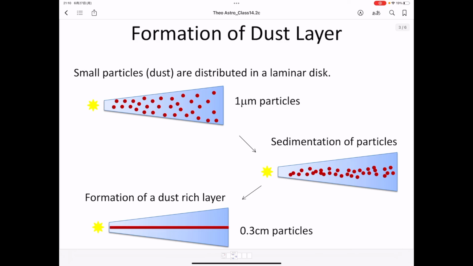Then finally, when it reaches the midplane, we expect a size of 0.3 centimeter particles. So we expect a dust-rich layer might be formed at the midplane. So this is the formation of the dust layer. This is the end of the first session on gravitational instabilities.